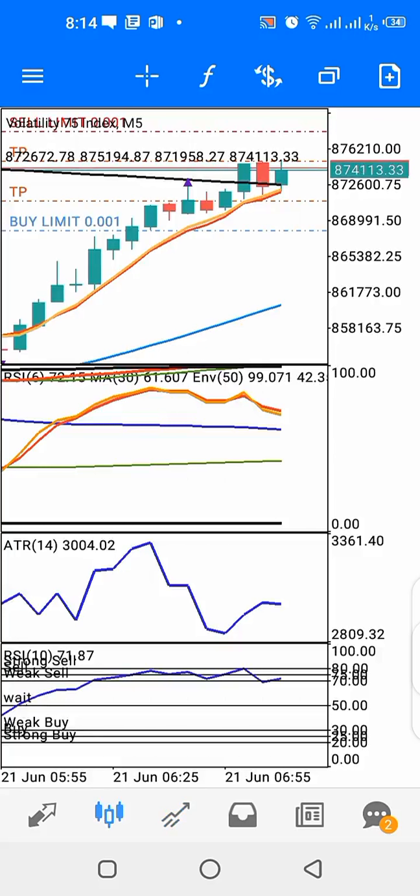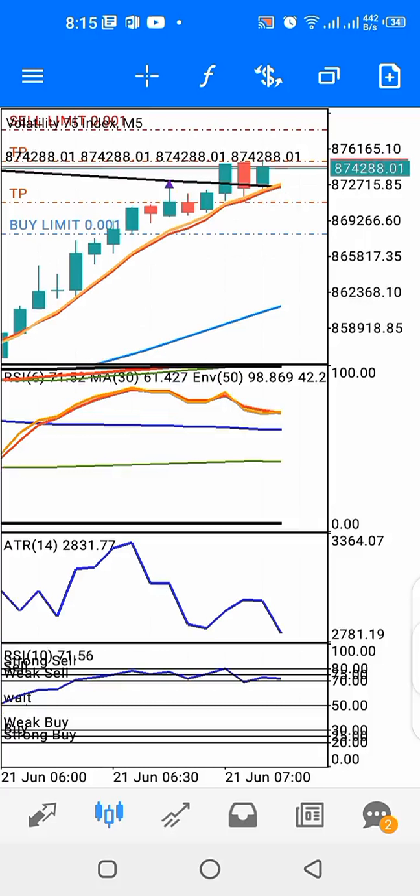Okay, so what I did was set the take profit for both the buy limit and the sell limit at 3,000 points. For the buy limit, I set the take profit at 3,000 points.